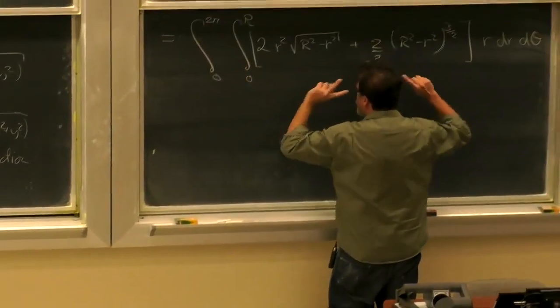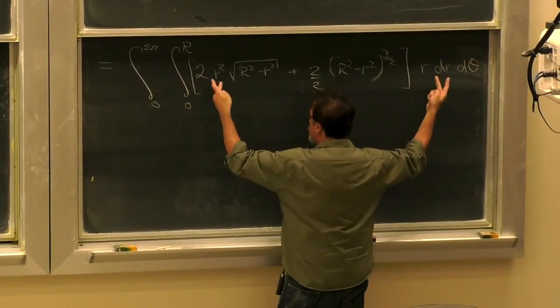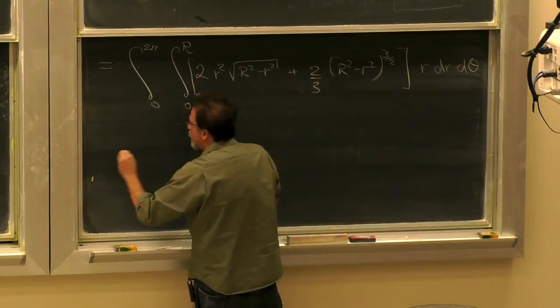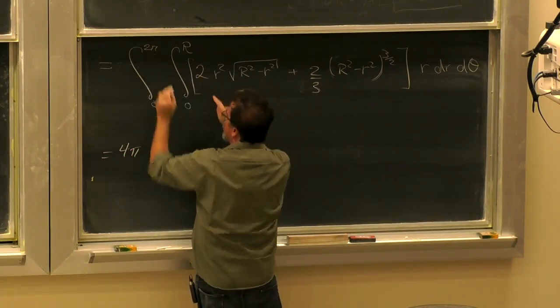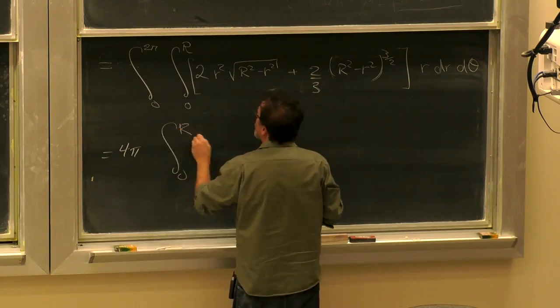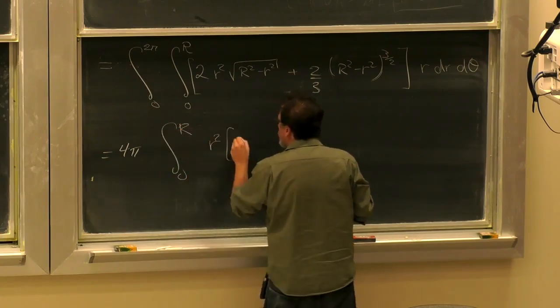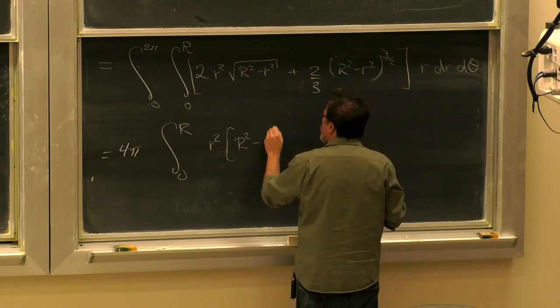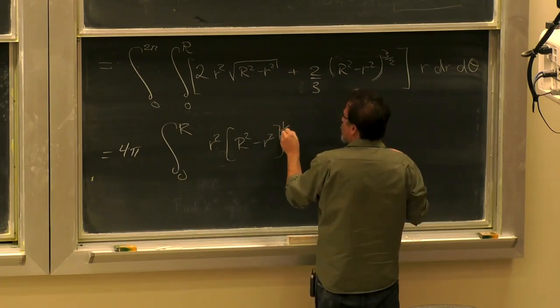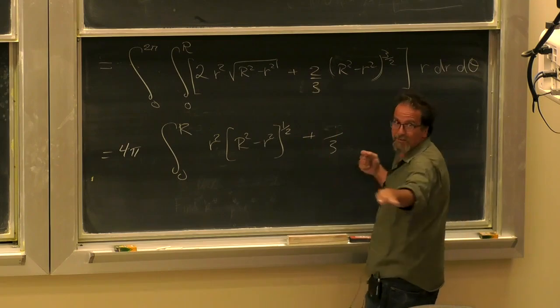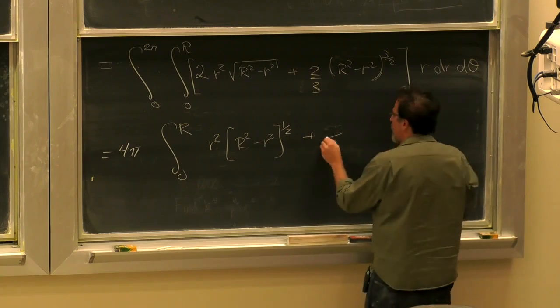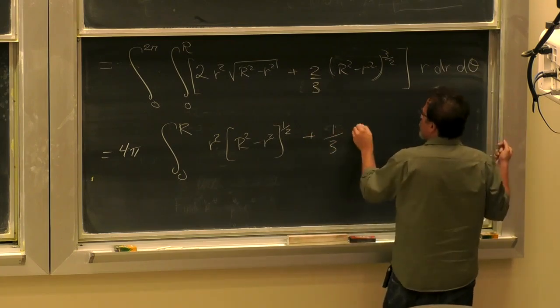So now I'm skipping a step. Flip the order, do the integration, and then I'm left with 4 pi from the 2 here and the 2 pi there. The integral from 0 to capital R of r squared times big R squared minus little r squared to the power of 1/2, plus 1/3, because I factored out the 2 this time. I see a hand looking, what the heck? What did you just do?